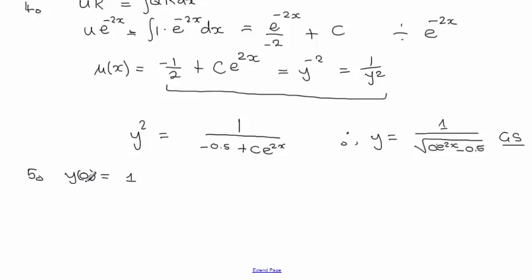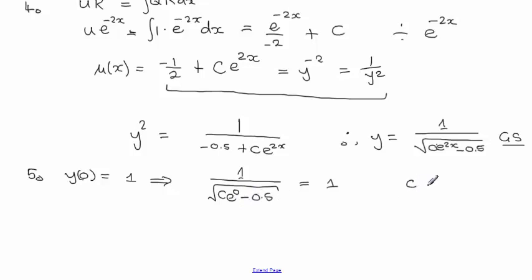So what we do is y at 0 equal to 1 implies that 1 over the square root of c e to the power 0, substituting x with 0 there, minus 0.5 is equal to 1. So notice that here now we've got an equation in terms of c.